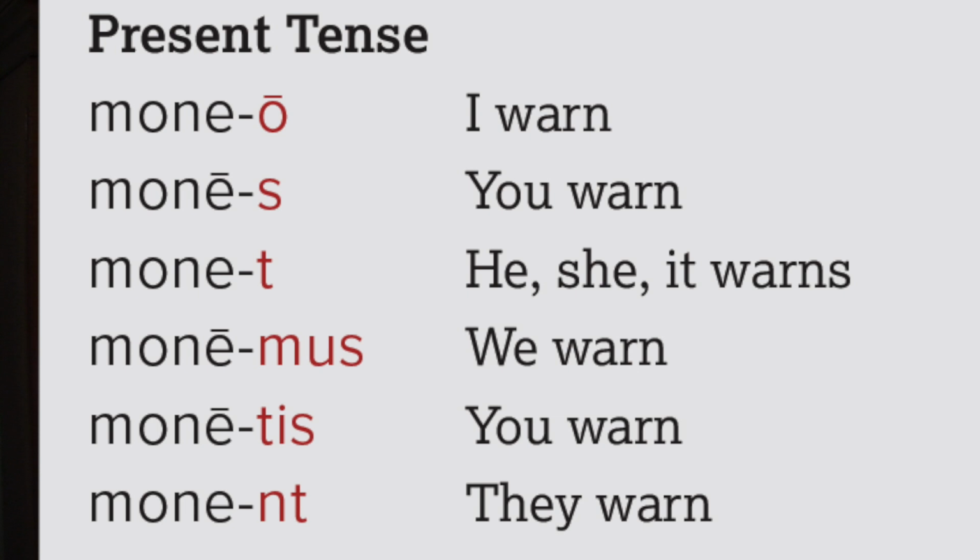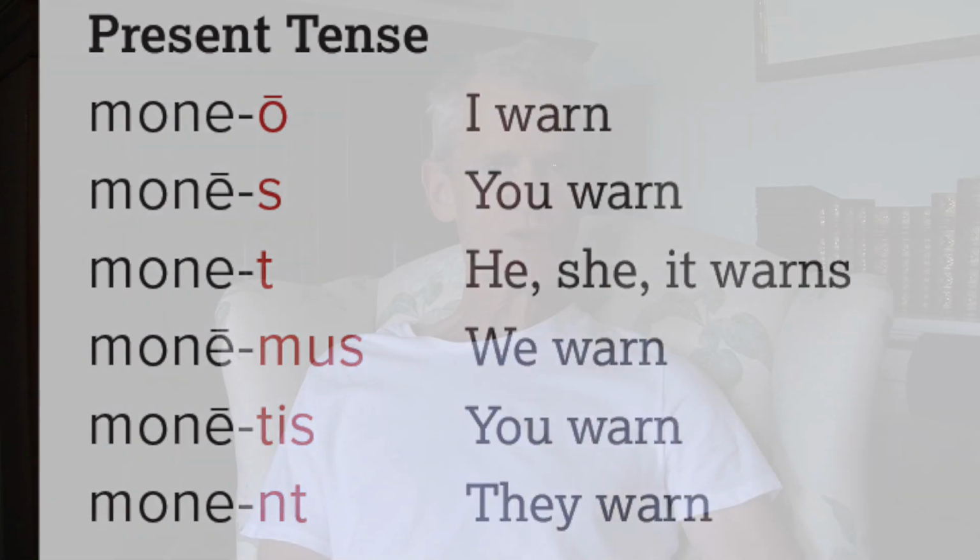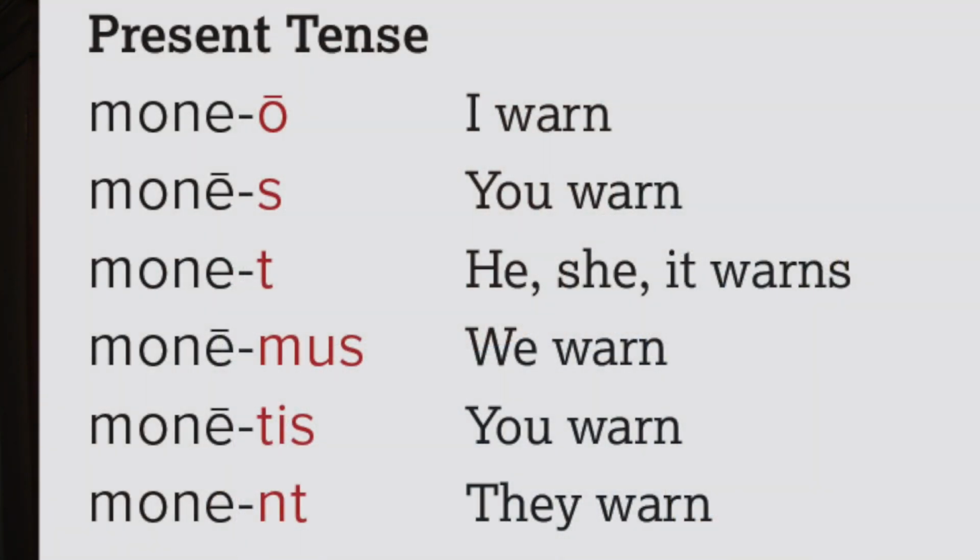Moneo, mones, monet. Monemus, monetis, monent. Now, as you can see, the endings are exactly the same as those for amo in the present tense: o, s, t, mus, tis, nt.